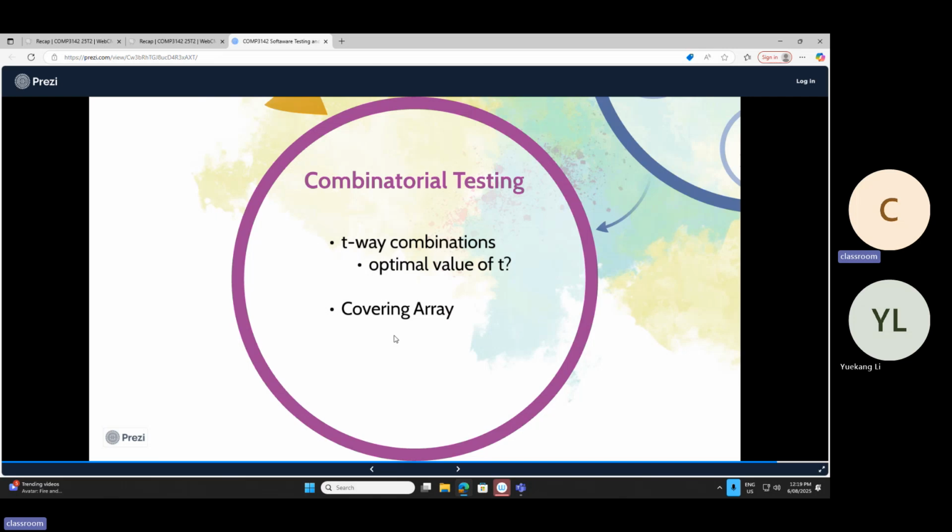However, this covering array is difficult to calculate. We have different algorithms, and we learned the greedy algorithm for calculating this covering array in this course.